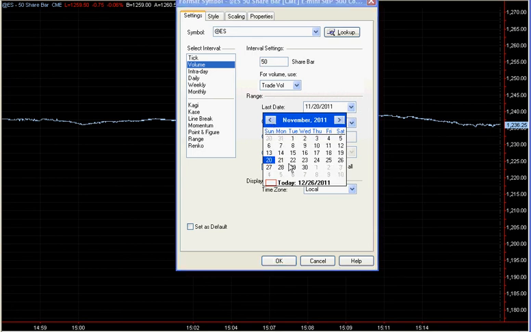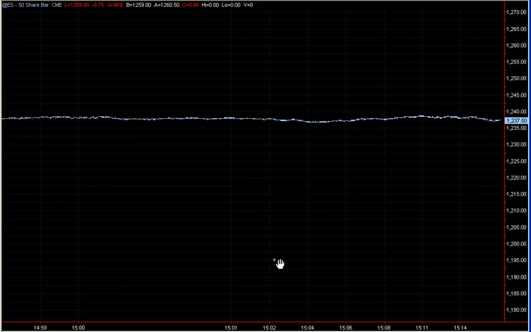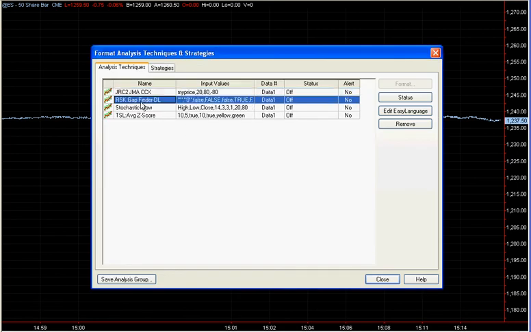Now I'm going to grab that data, and once it propagates, then I'll turn my gap finder on. All you have to do is simply turn it on, and it will find all of the outstanding gaps.